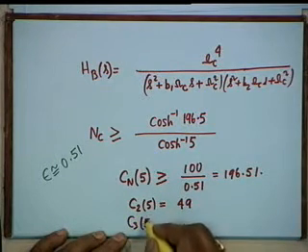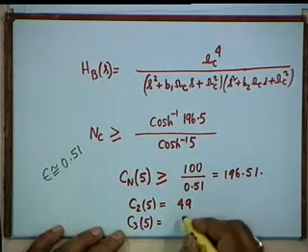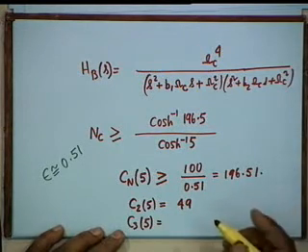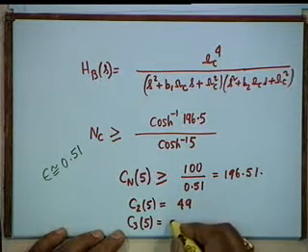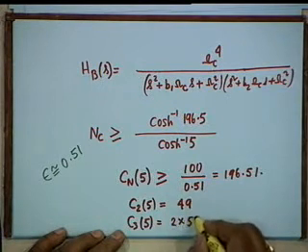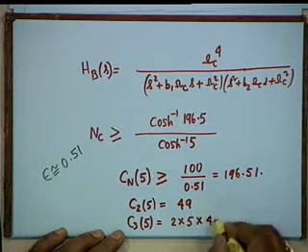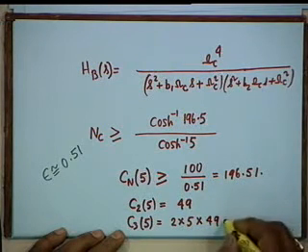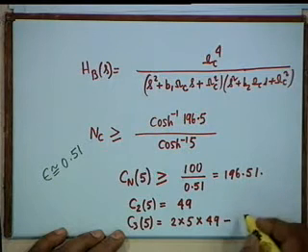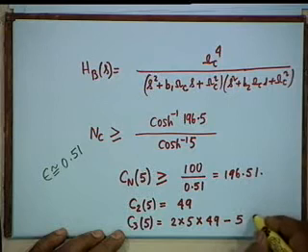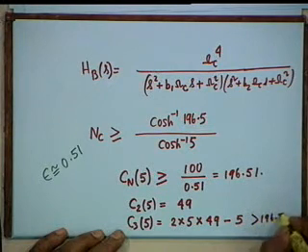C3 of 5, either you can use multiple angle formula or the recurrence relation, that is twice x times C2 of 5, which is 49, minus C1 of 5, which is 5, and obviously this is greater than 196.51.